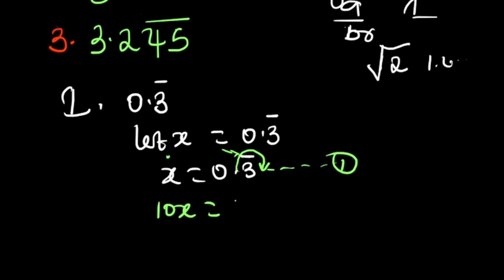It now gives you a 3, okay? Then you put the decimal point at the back, but you must always bring back the repeating decimal. Why? Because it's repeating, okay? So you must always bring it back after moving the decimal point one place backwards.